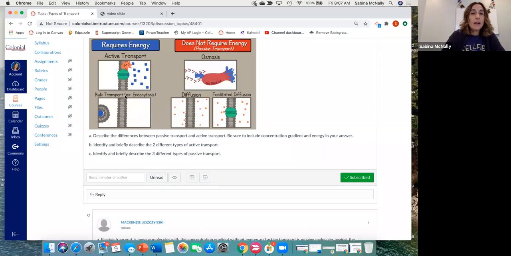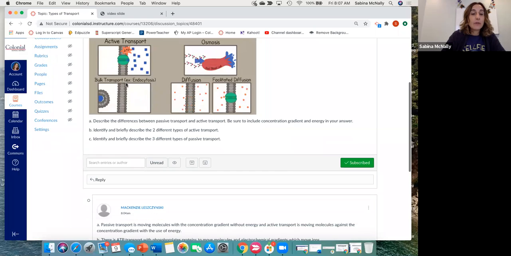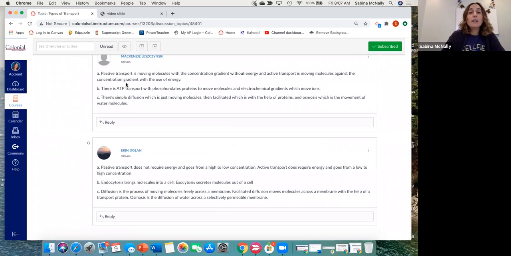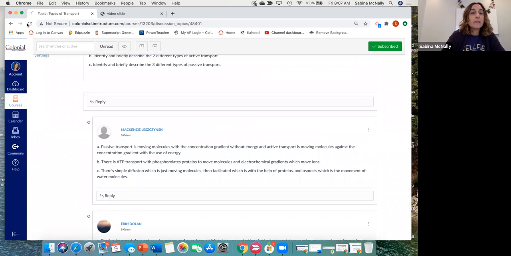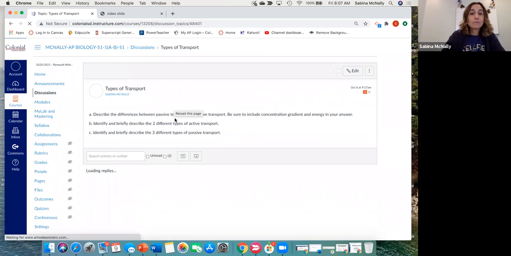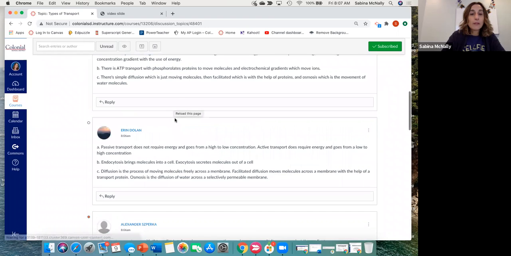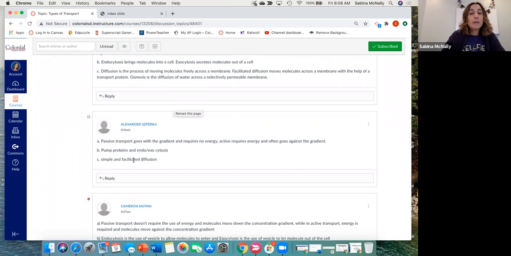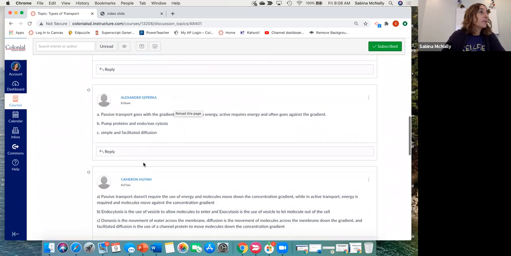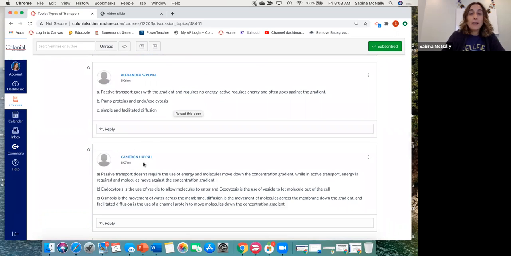And here, we also need to describe this one, though. This is another type of active transport, right? That's just simple active transport. So let's see if we have, let me refresh my screen. Let's see if we have any more answers here. All right, so protein pumps, good. I like that there's protein pumps involved.